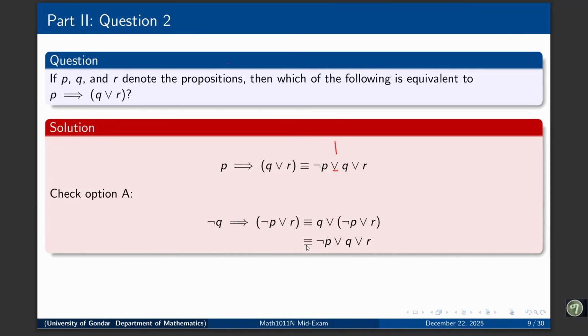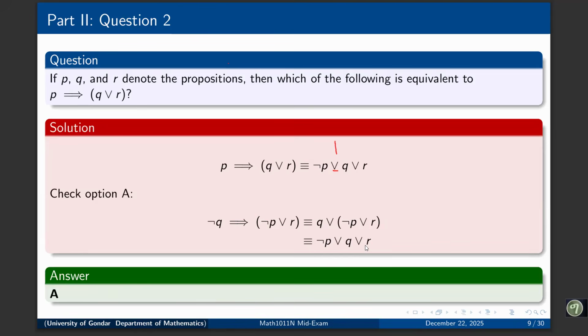So that is identical with Q or negation of P or Q. Because of the commutativity property of disjunction, we have negation of P or Q or R. So the statement equivalent to this one is negation of P or Q or R. So the answer for this one will be alternative B, but the others are not equivalent to the given proposition.